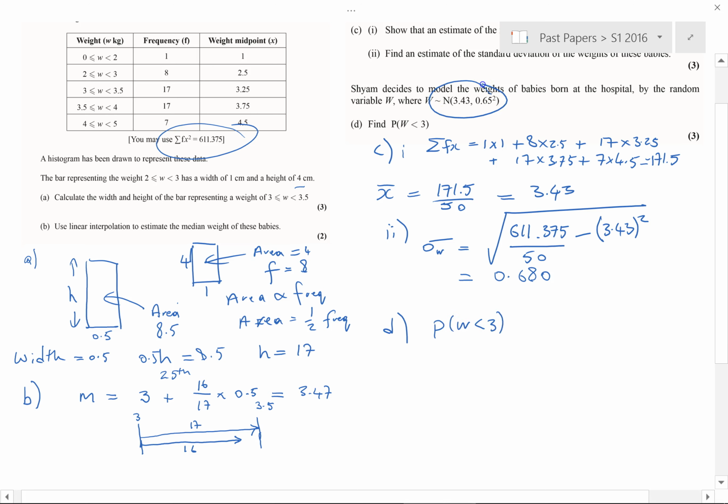If we're using this model, using the standardizing formula, that's what the pun was, that's the same as the probability that Z is less than 3 take away the mean divided by the standard deviation. And that equals the probability that Z is less than minus 0.615.